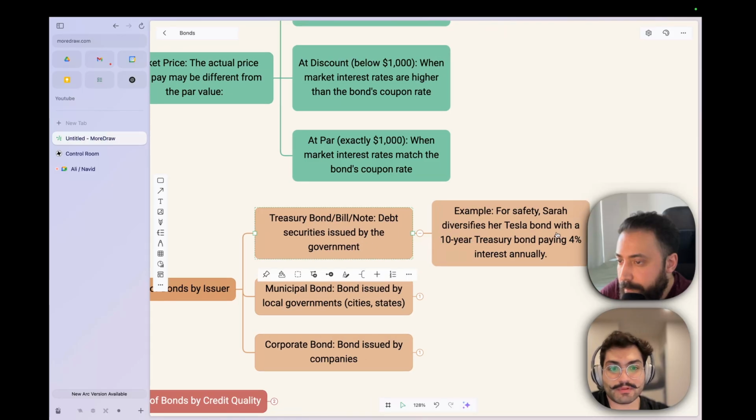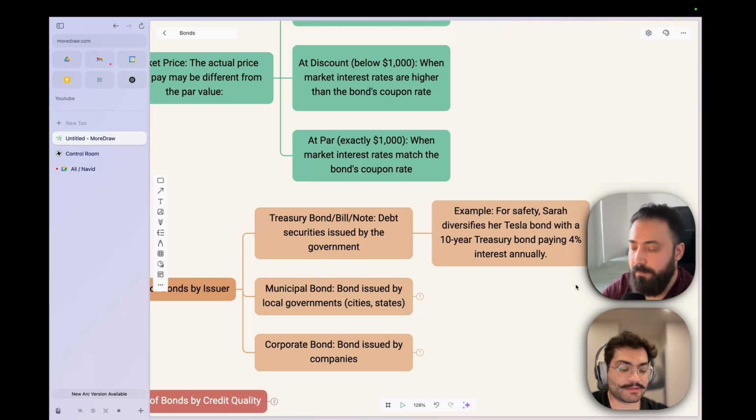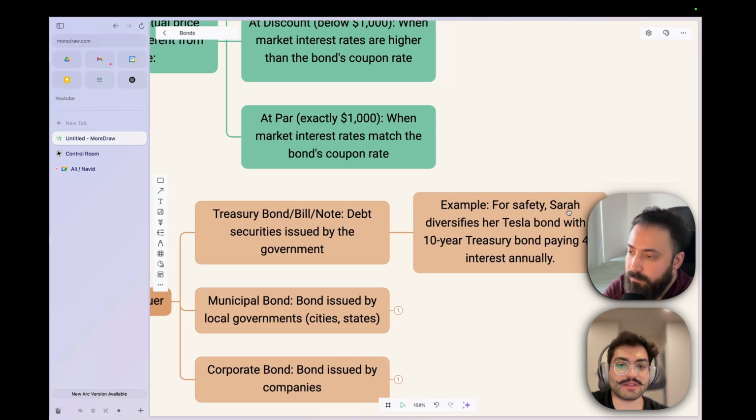The Treasury will issue some bonds, and basically they're safer. You're lending money to the government. So for safety, Sarah wants to diversify the Tesla bond she has with a 10-year treasury bond. It's going to pay 4% annually. It's a little bit lower rate, but it's safer, less risk.